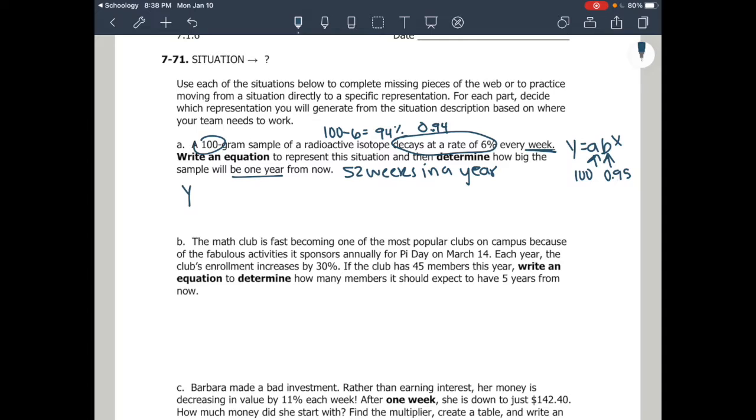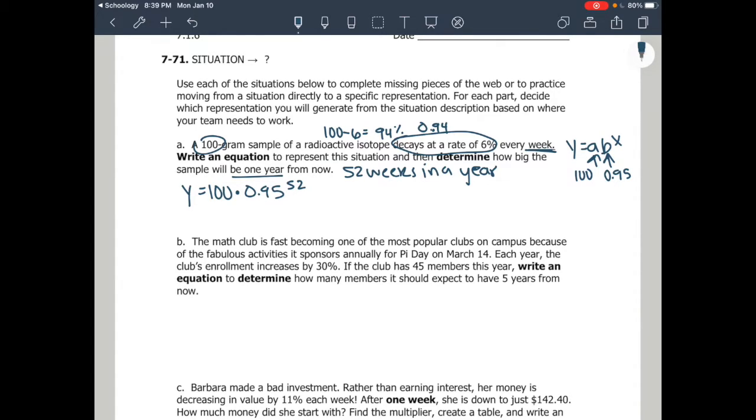So we're going to write y equals 100 times, my marker is not working great, times 0.95, and then x is going to become 52. So then you're going to type all that in your calculator. 100 times 0.95 to the 52nd power.